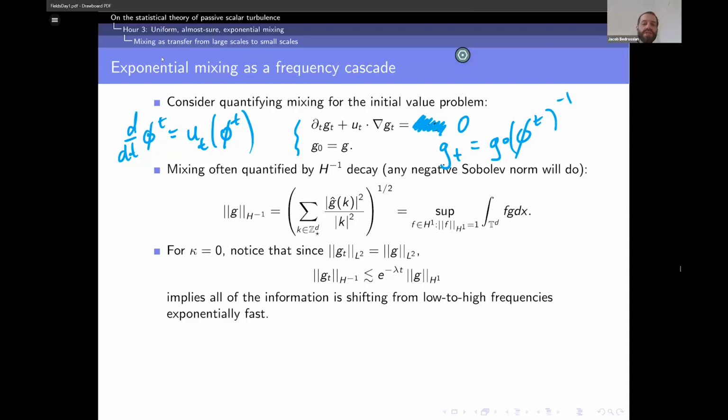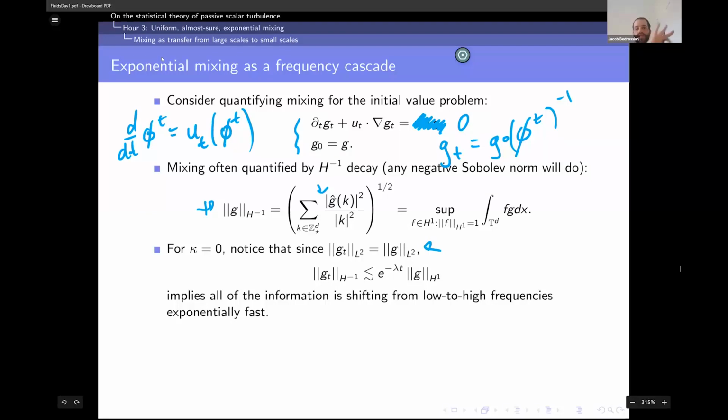And so the L2 norm is a conserved quantity. And so if this negative regularity space decayed as a function of time, then the only way that could possibly happen is if all of the information, all of the energy in G hat was shifting from low frequencies to high frequencies.